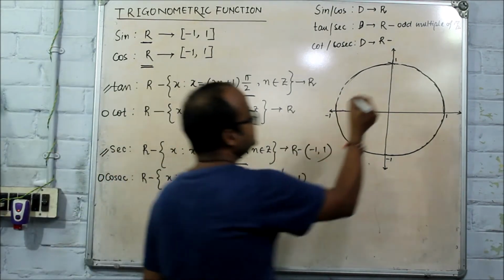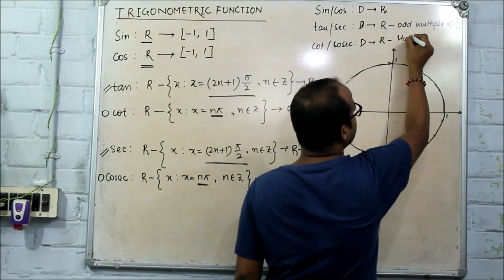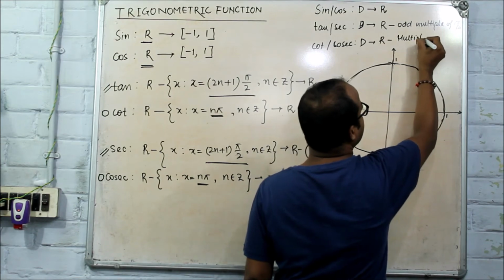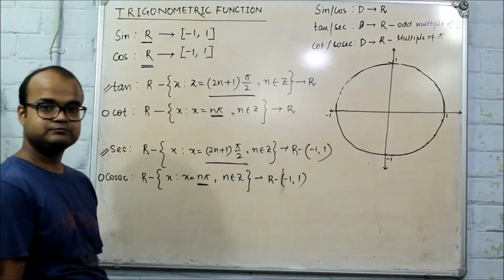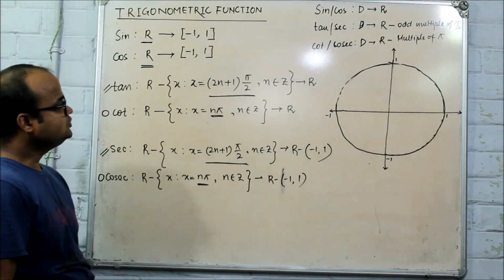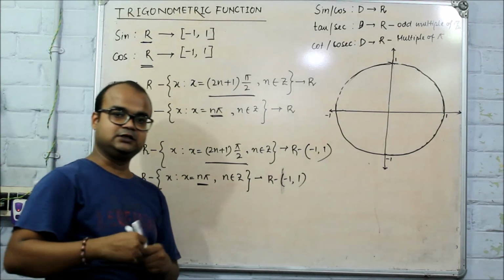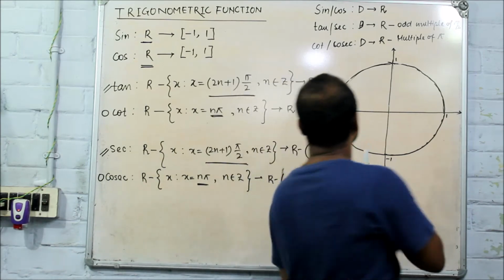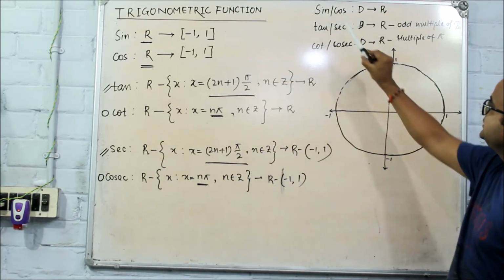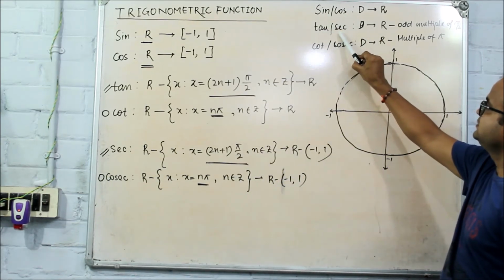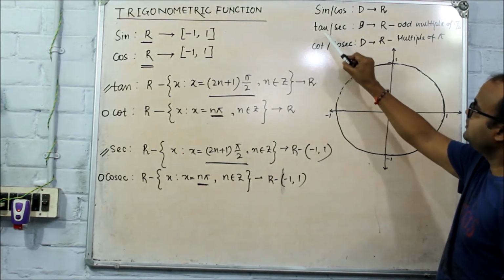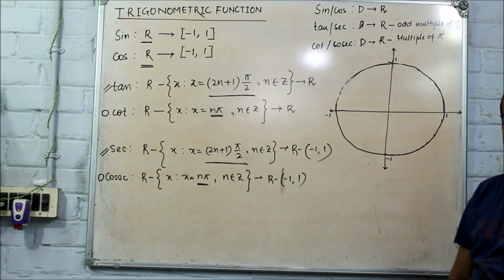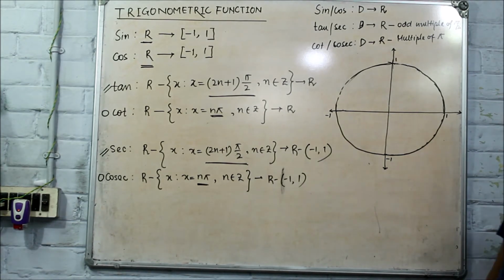So R minus, we can say, multiple of pi. So you need to make the pair like this: sine cos, tan sec, then cot cosec. Clear?